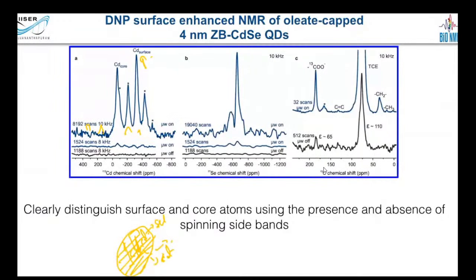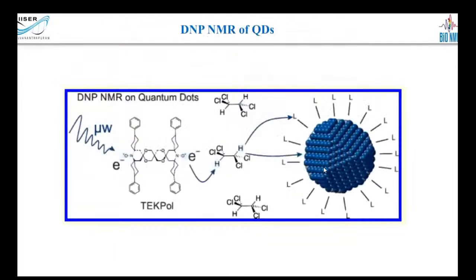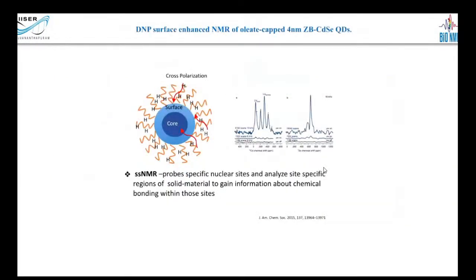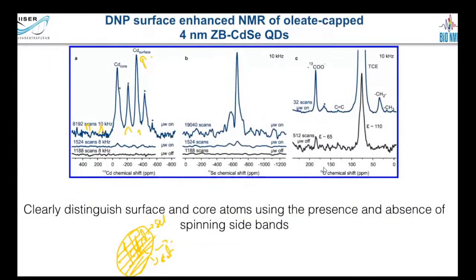So cadmium is found both inside and on the surface of the quantum dot, while selenium is found mainly inside the quantum dot. You cannot get this information from any other spectrum. XPS can give you some information, but then it is going to etch out the surfaces, so you're basically destroying the sample, probing it with very high energy substances.